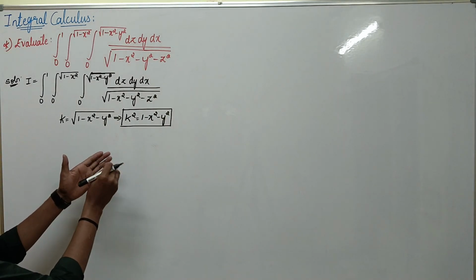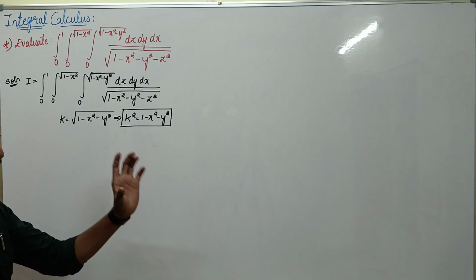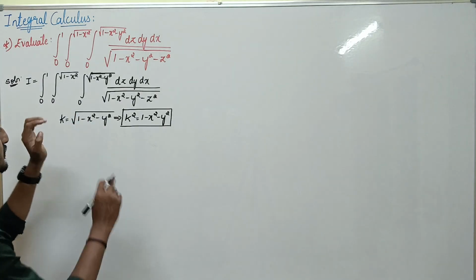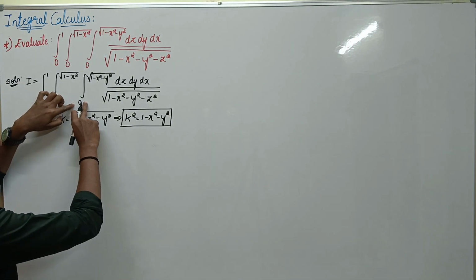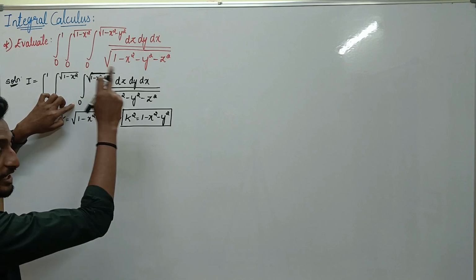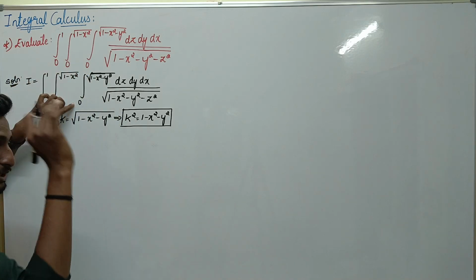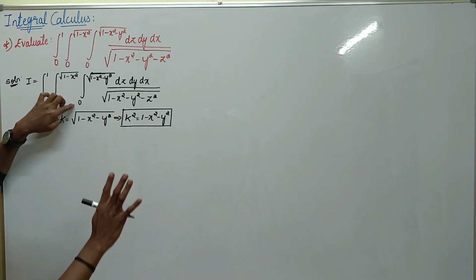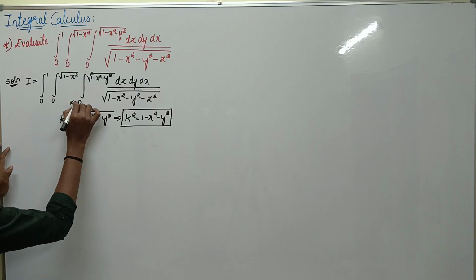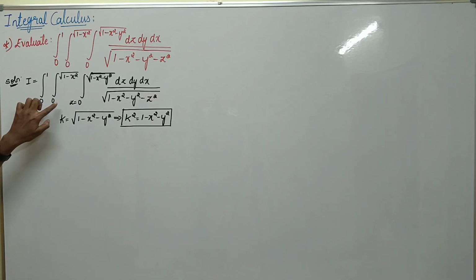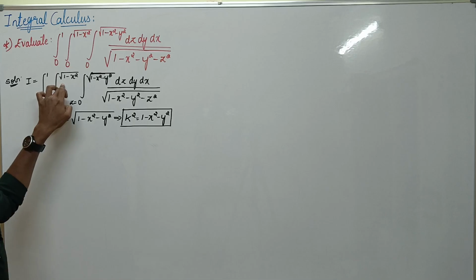Okay, before this part, we need to represent the limit point. See, first let us represent the limit point. Since the upper limit point is defined with respect to x and y, I need to compulsorily or strictly integrate with respect to z itself. Z is done. Now, see, the second integral has limit points 0 to root 1 minus x square.